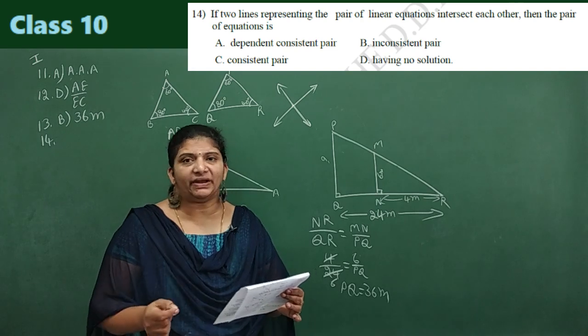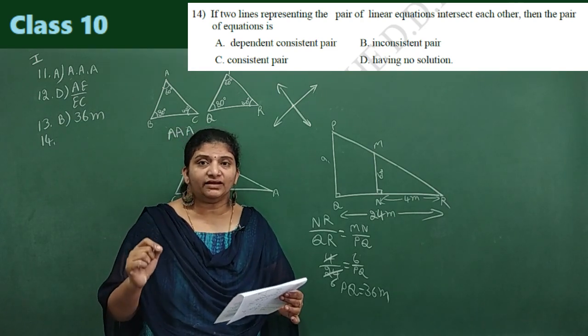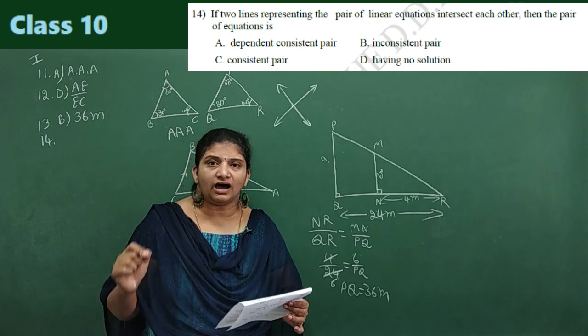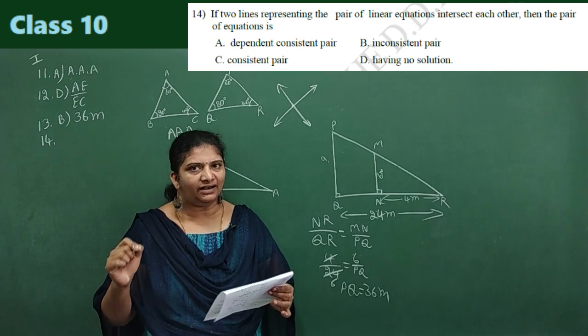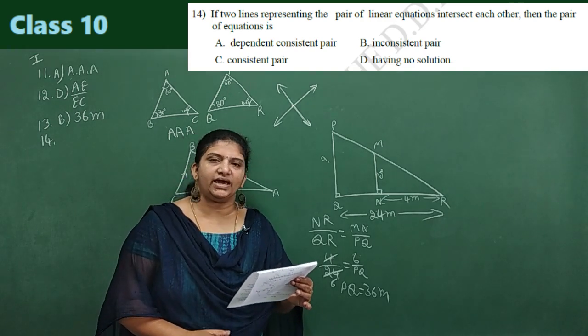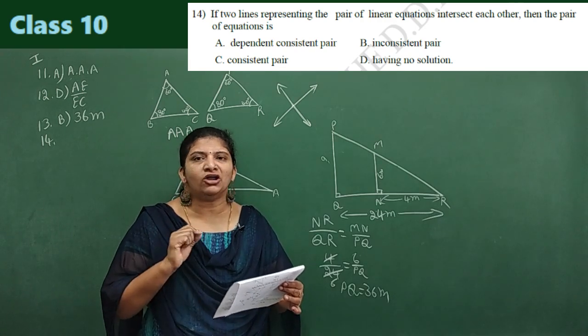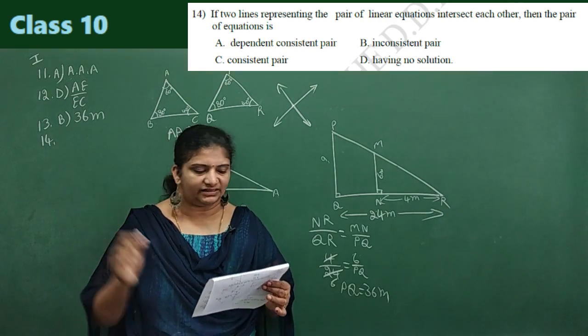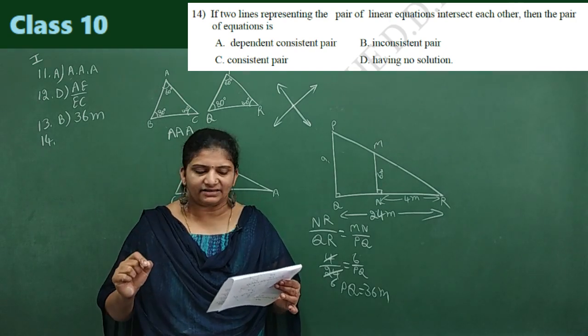No, it's not dependent. When the linear equations are coincident, we say them as dependent and consistent. B, inconsistent. No, it has a solution. I cannot say it as inconsistent. C, consistent pair. Yes, this is the right answer.